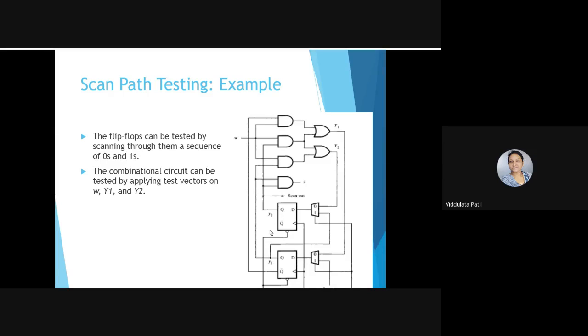So 2 clock cycles can be reduced, and we need only 3 clock cycles for each next vector. So the second, third and fourth test vectors require 3 each, a total of 9 clock cycles. That means if we test this circuit with 4 test vectors, we require only 14 clock cycles.